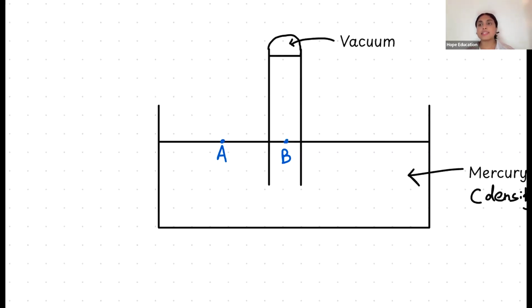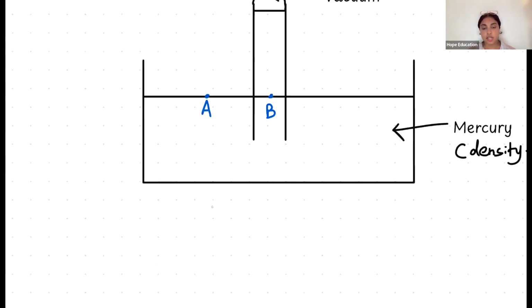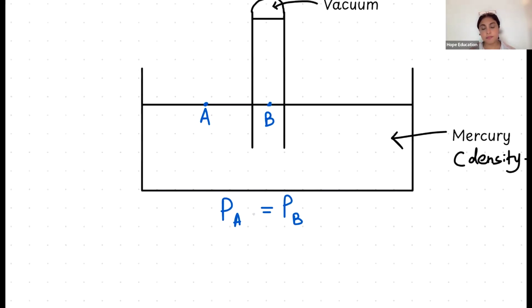We are talking about the same liquid, right? දැන් මෙයාත් mercury, මෙතන ඔක්කොම mercury නේ තියෙන්නේ. Same liquid, same level. We know pressure at A equals pressure at B. Only Maria gave an answer, and she gave the right answer. Pressure at A equals pressure at B.